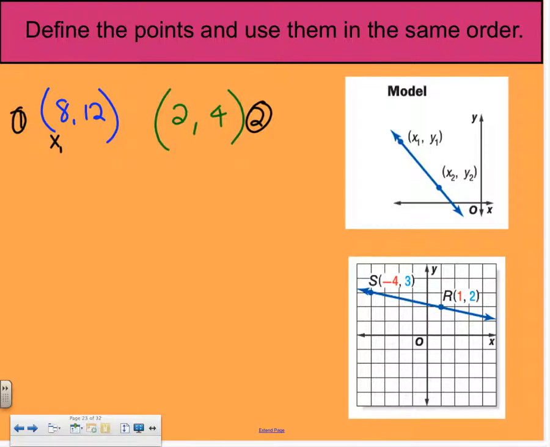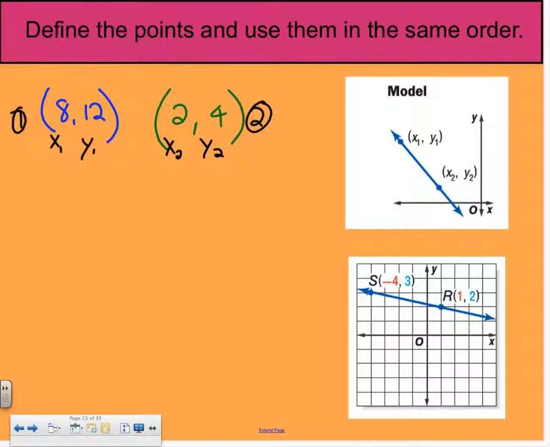Now, this is the y value in point 1, so what are we going to call it? Y1. Very good. What do we think we're going to call this? X2, because it's the x value in the second point. And I'm going to call this Y2. Very good.